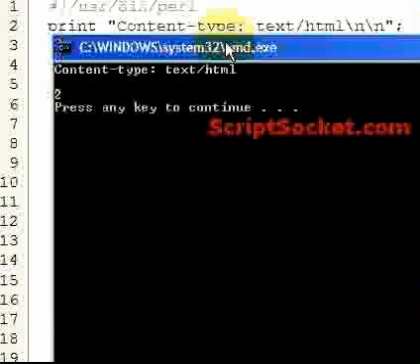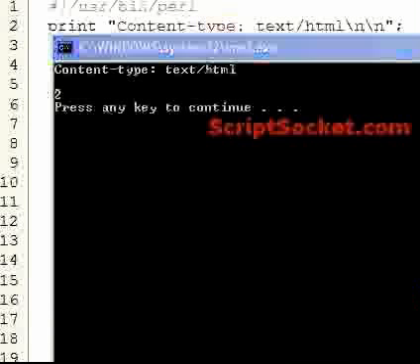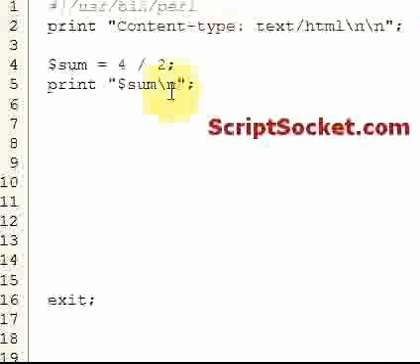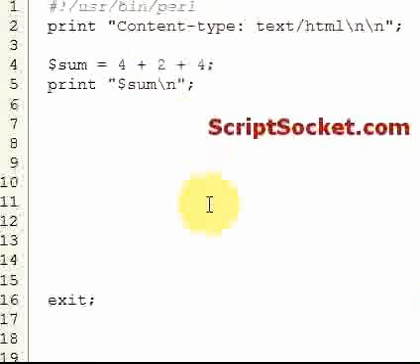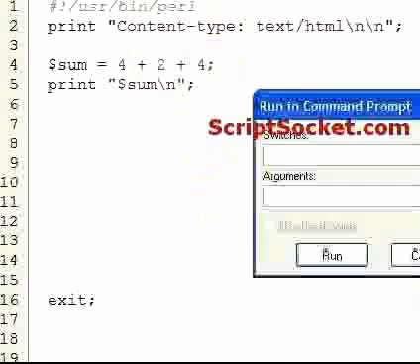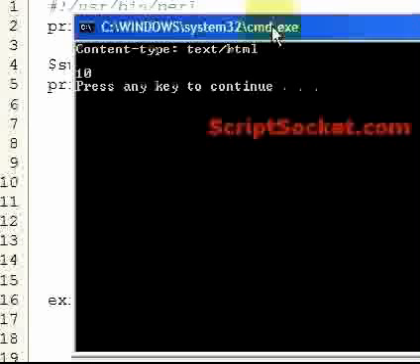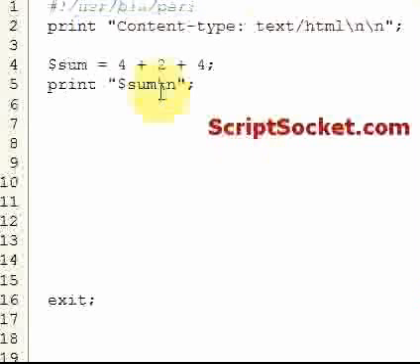Now what will happen if we want to divide or subtract or add or multiply more than one number together? So let's add a few numbers together. 4 plus 2 plus 4 will give us the sum of 10. Simple enough. Now what will happen if we want to multiply here?